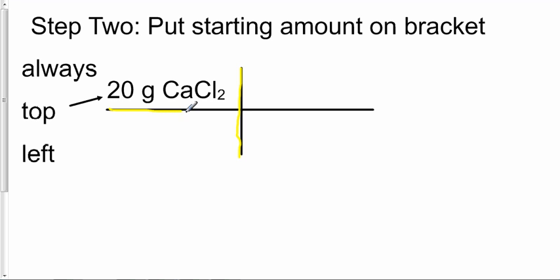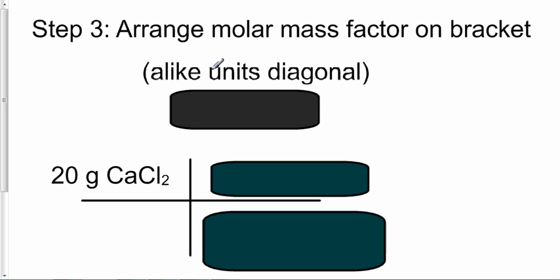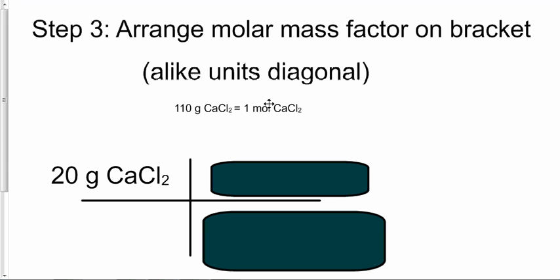It's already there, and then I basically put the starting amount right there, always on the top left. Now, I'm going to arrange my molar mass factor on the bracket, the like units diagonal. That's the next step.